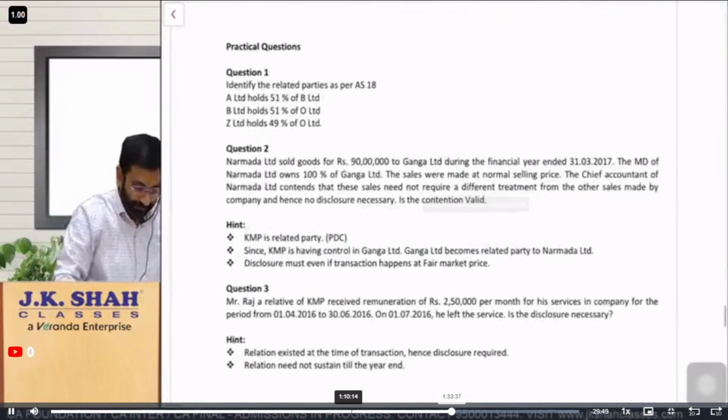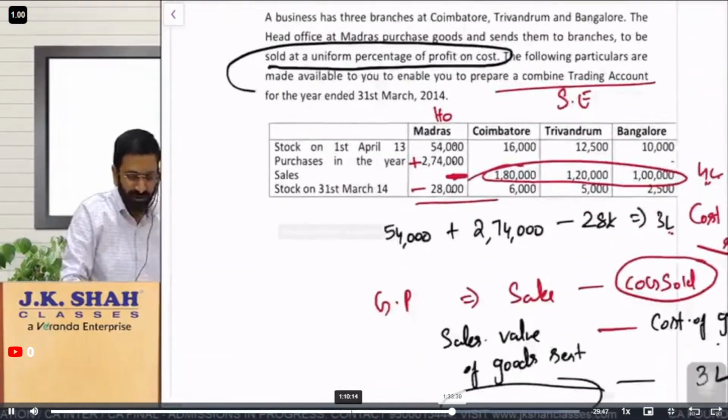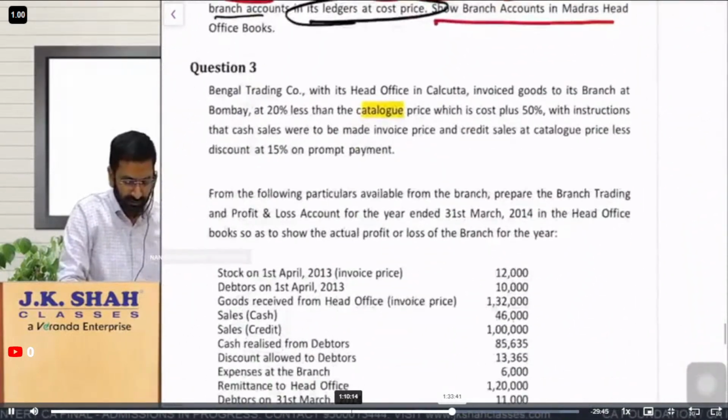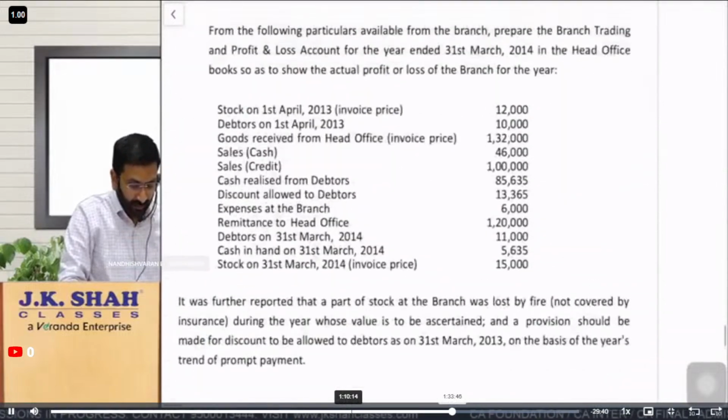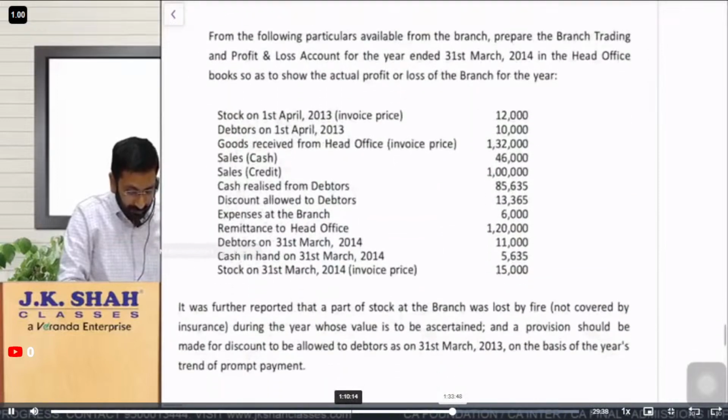Okay. We'll do it. Last question. Okay, chalo. Last question. Now from tomorrow we have to be a little faster, otherwise you cannot. Question number 3.